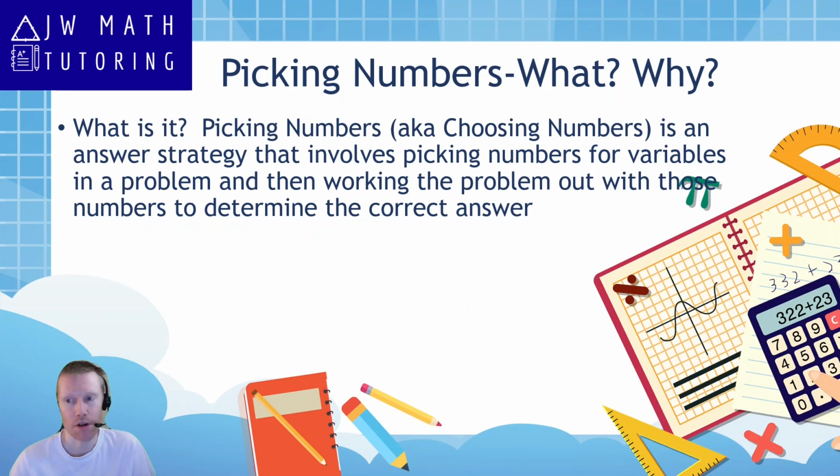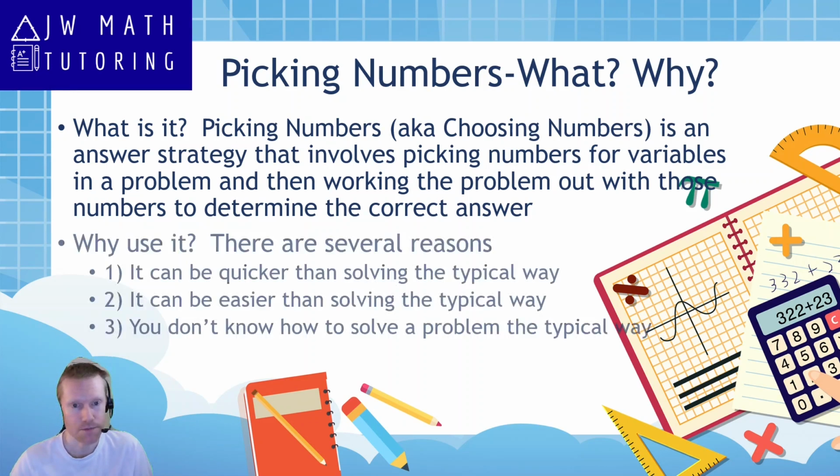Then you work out the problem based off those numbers that you've chosen, and you use that to determine what the correct answer is. Picking numbers can also be used on problems where you are not given the answer choices in some situations.